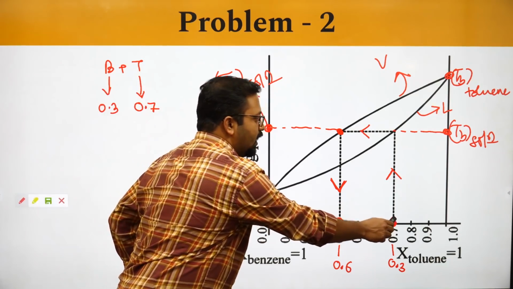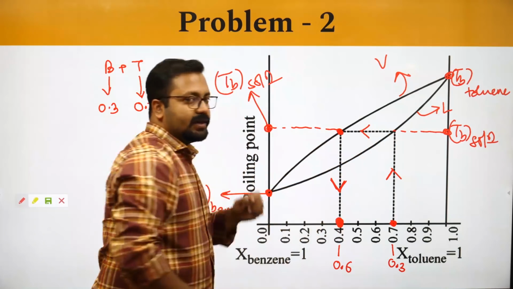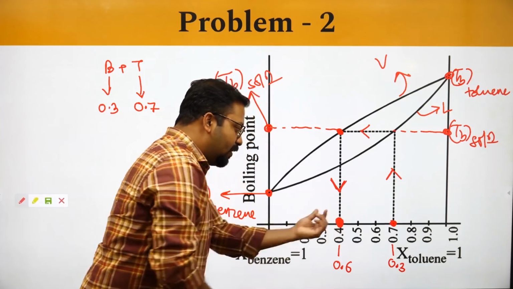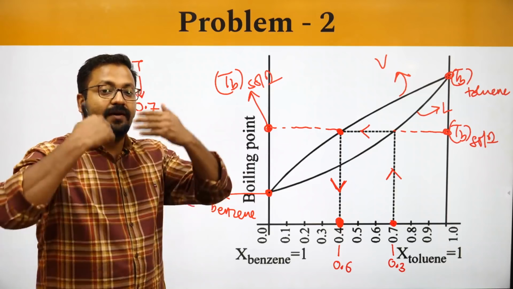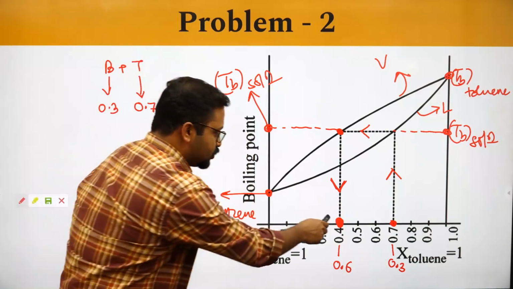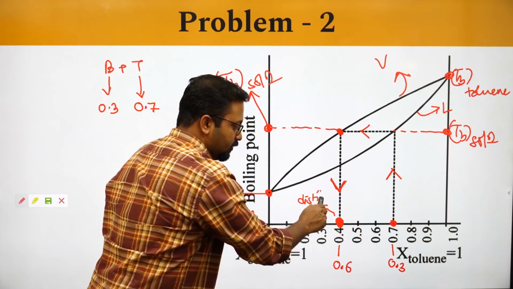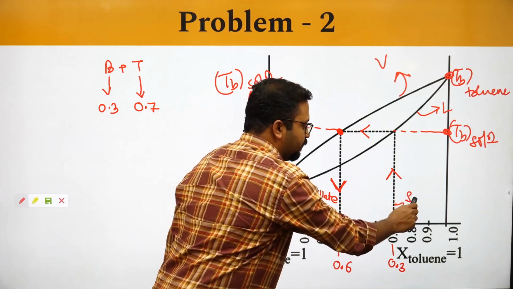हमने एक सॉल्यूशन लिया, उसको बॉयल किया, and then we condense it. I will get a solution. So this represents the mole fraction in the filtrate or distillate which is obtained. So this is representing the distillate and this represents the solution which we are boiling.